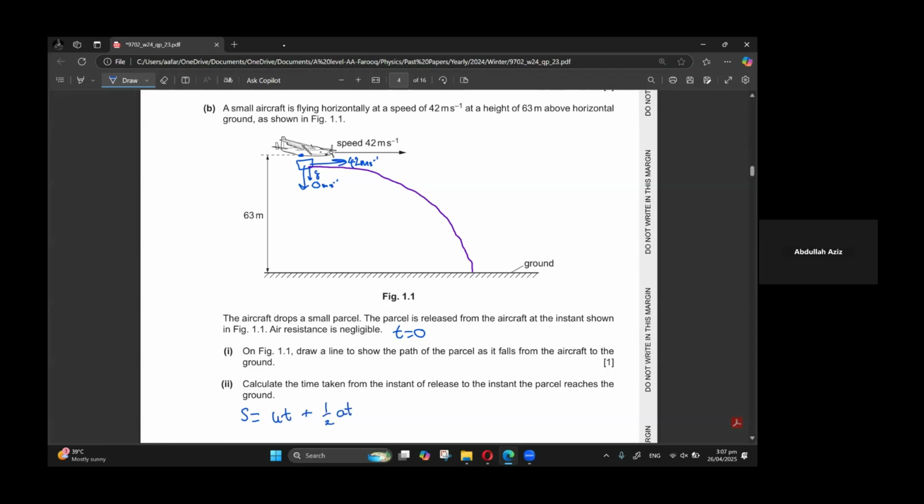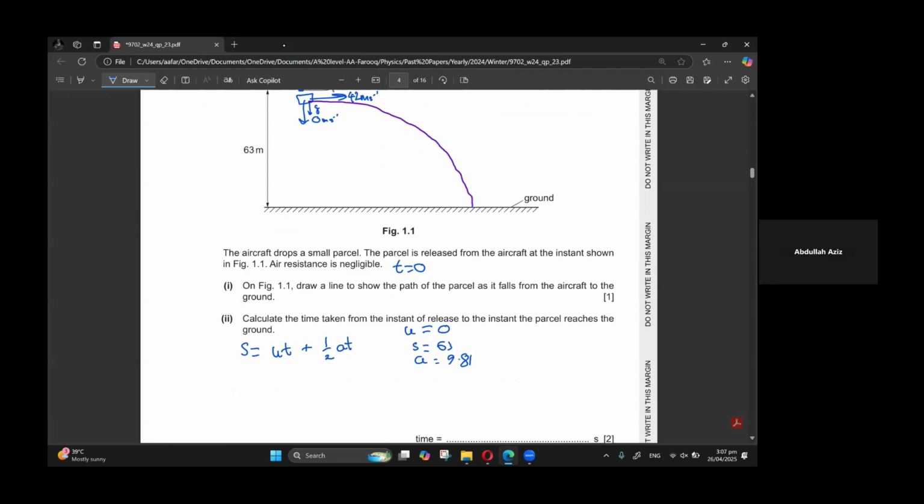The initial velocity u is 0, displacement is 63, and acceleration is positive 9.81 because it's in the same direction. So 63 is equal to 0 t plus half 9.81 t square.